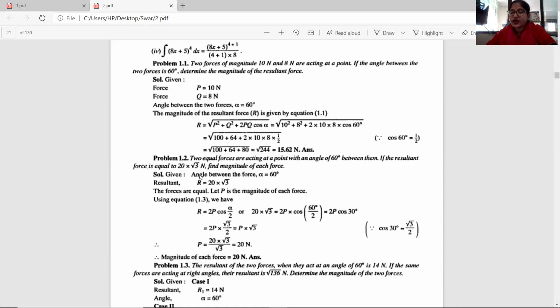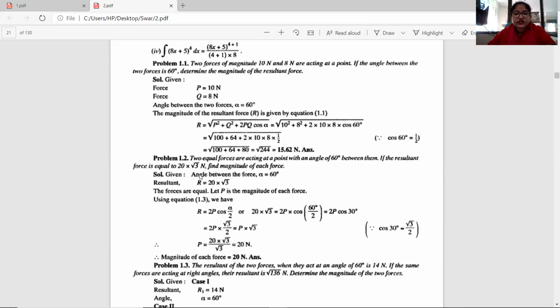So what is the formula for the magnitude of the resultant force? R equals under root of P square plus Q square plus 2PQ cos alpha. Put the values of P, Q and alpha in this formula. Then it will be under root of 10 square plus 8 square plus 2 multiplied by 10 multiplied by 8 multiplied by cos 60 degrees.